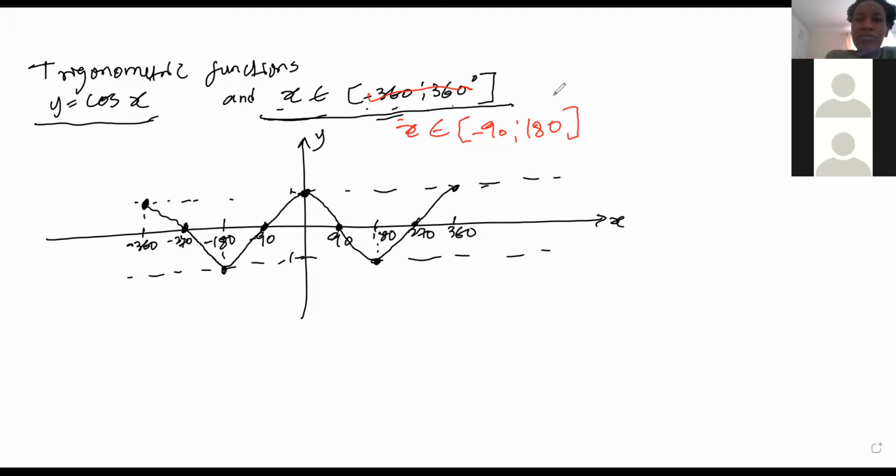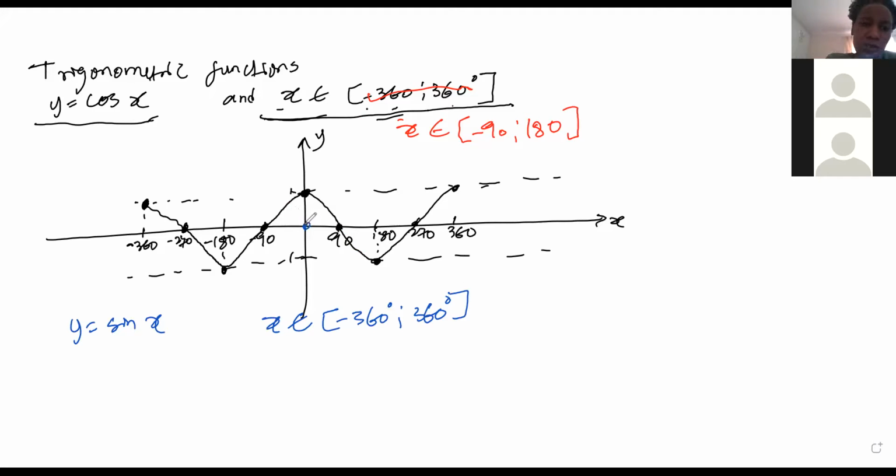Then let's look at the sine graph. So you have y equals sine x, where x has the same domain, minus 360 and 360 degrees. Okay, so for sine, I'll start with 0.